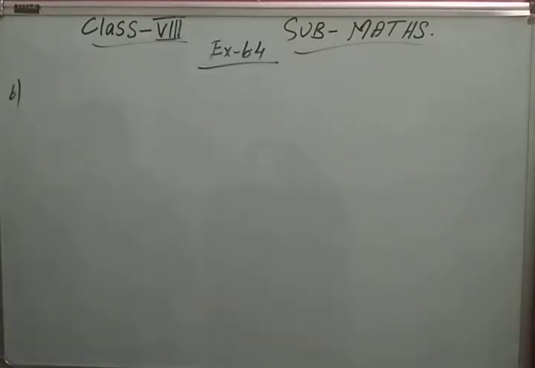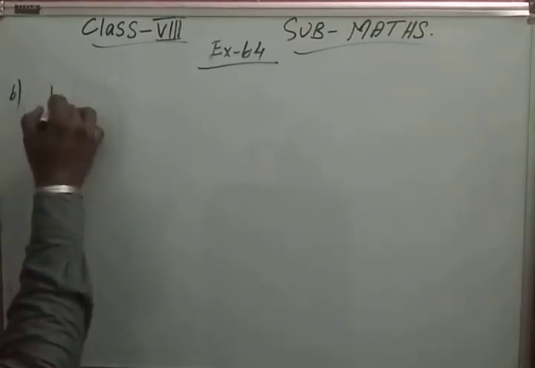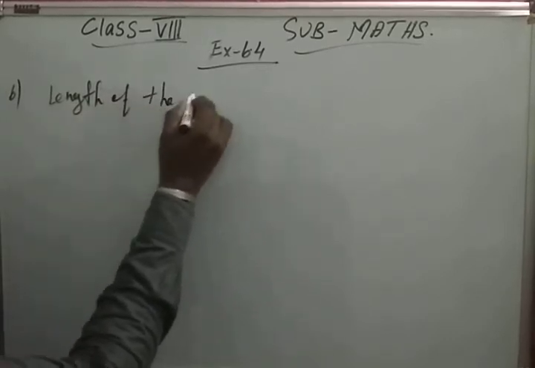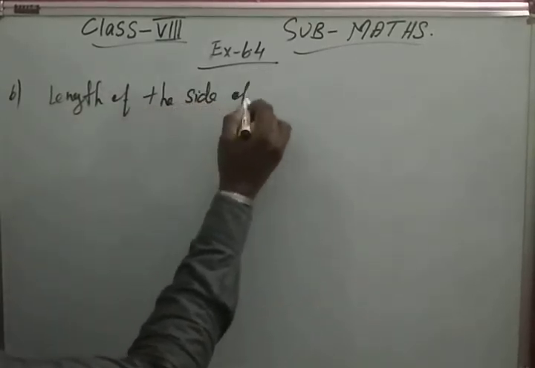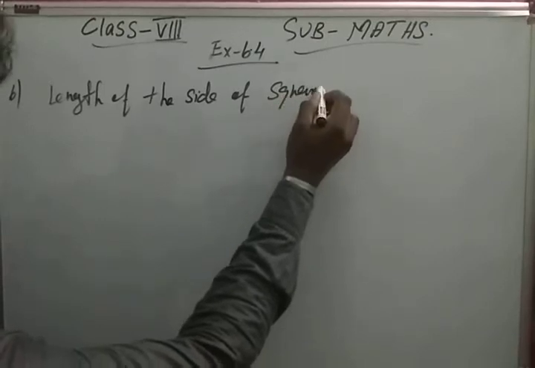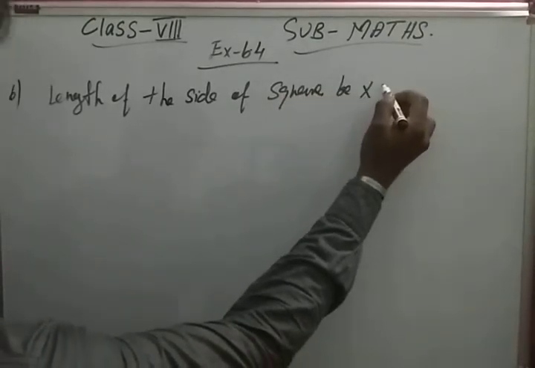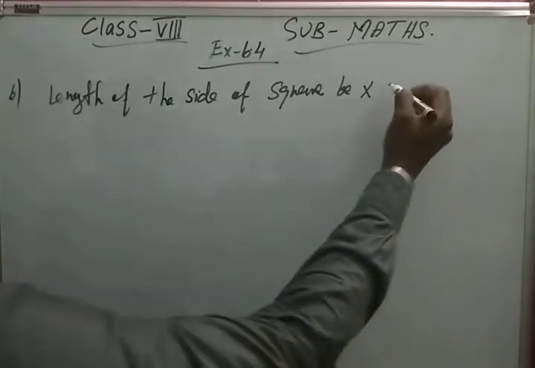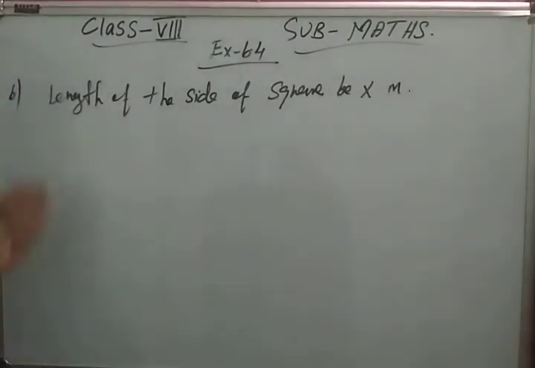So let the length of the side of the square be x meter. Of course you know the formula: area of a square is side into side.